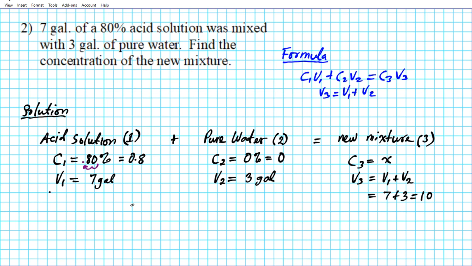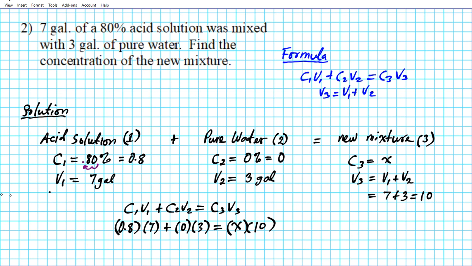Okay? Now let's put the components into the equation. C1V1 plus C2V2 equals C3V3. C1V1 is going to be 0.8 times the volume, which is 7, plus C2, which is 0, times the volume, which is 3, equals C3, x, times the volume, which is 10.